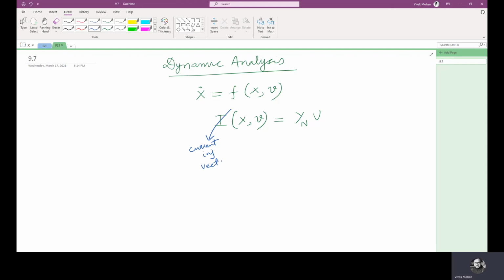Then x is the state vector of the system.